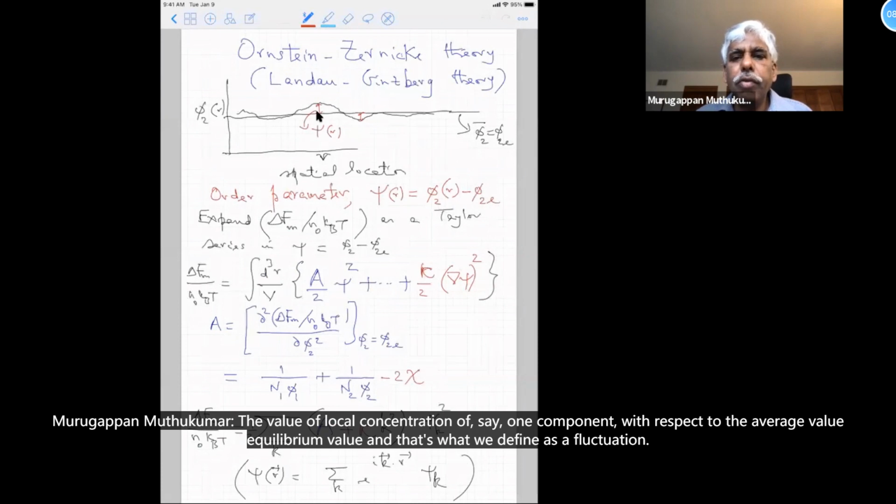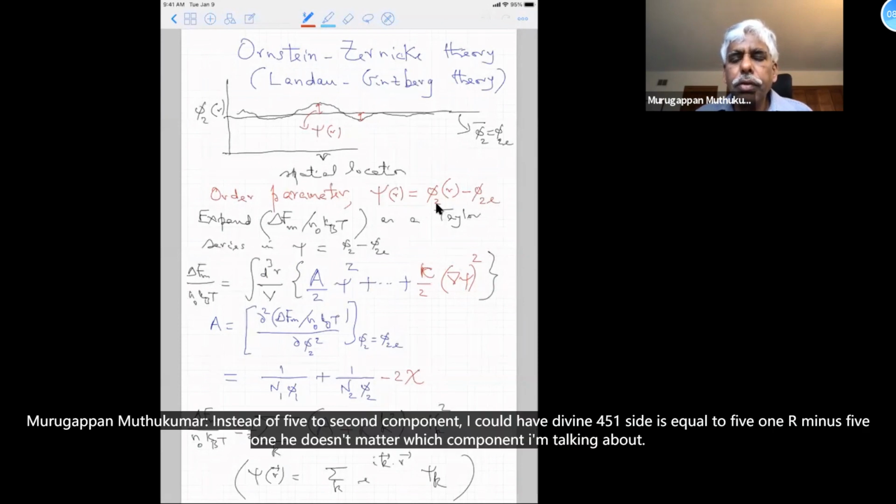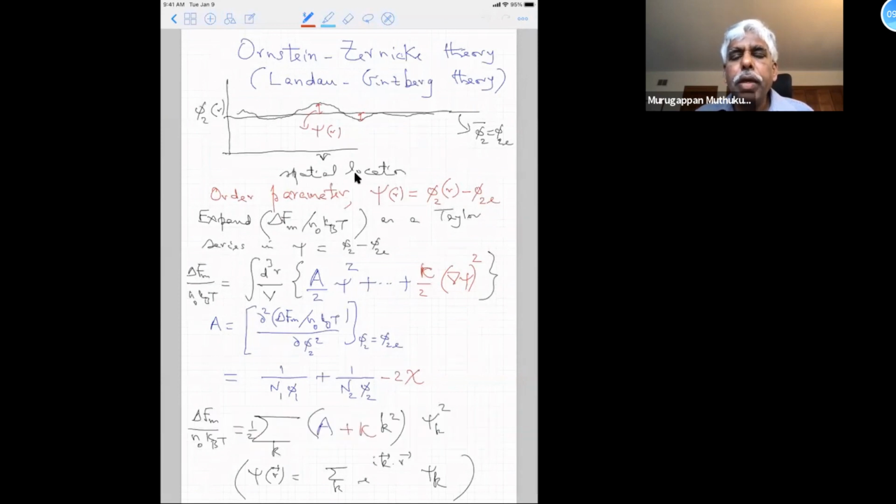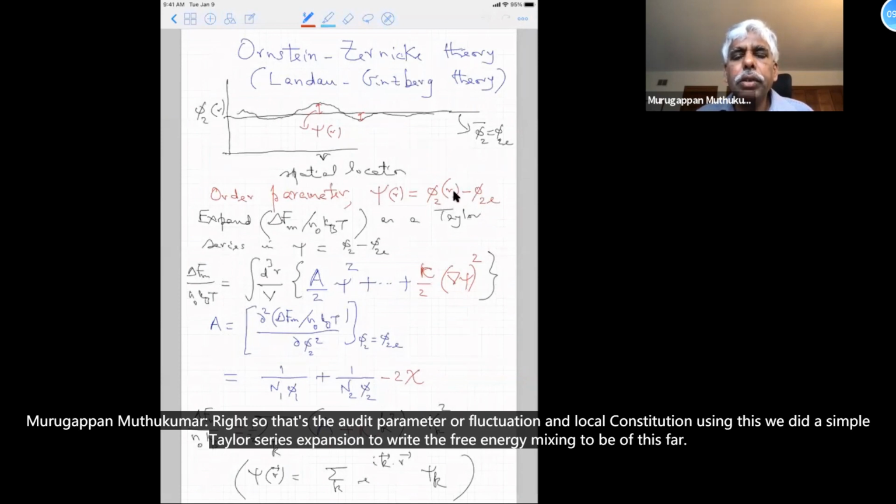And that's what we define as a fluctuation. Instead of phi 2, the second component, I could have defined it for phi 1. Psi is equal to phi 1(r) minus phi 1(e). It doesn't matter which component I'm talking about, right? And so that's the order parameter, or fluctuation in local concentration.